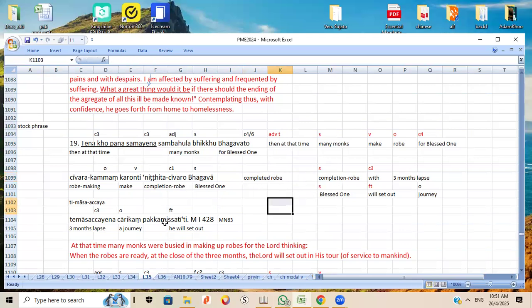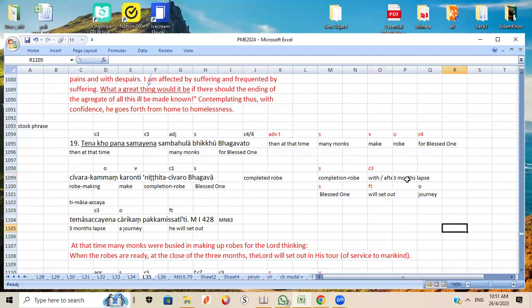You see here, completion rope with three-month lapse. So here you read it as with three months left. It sounds a bit awkward. It would be more correct to think of it as after three months left. Don't you think so?